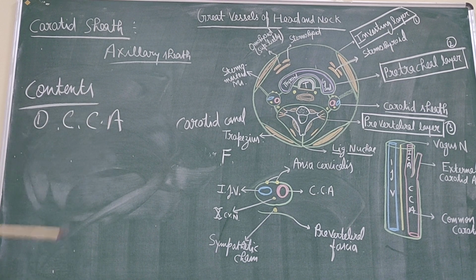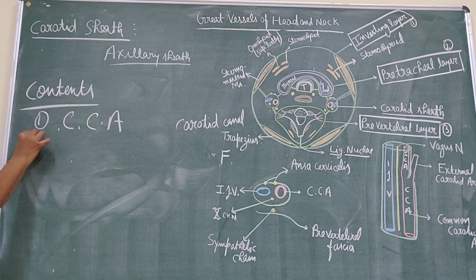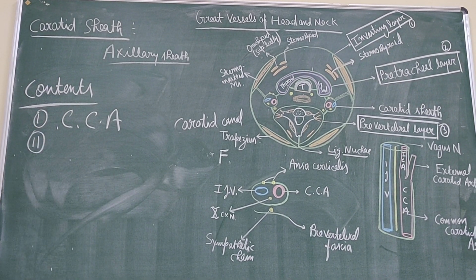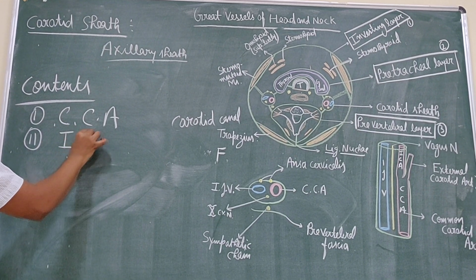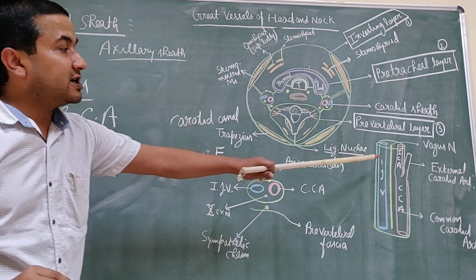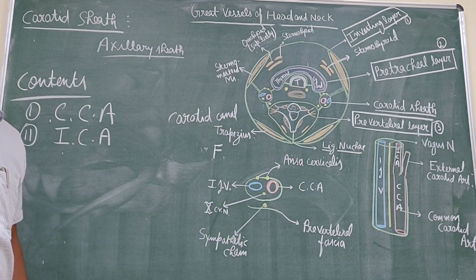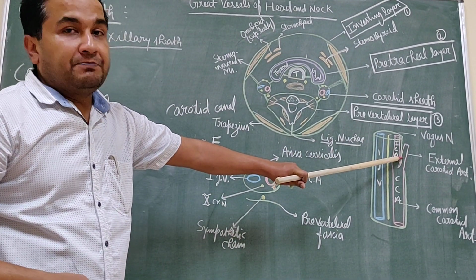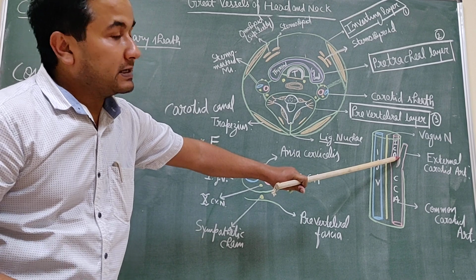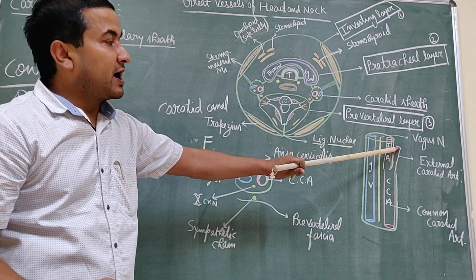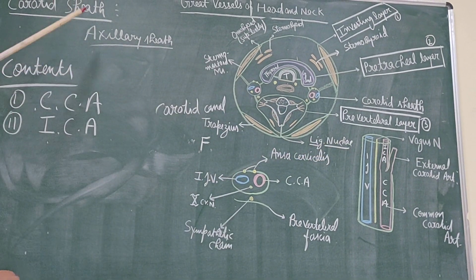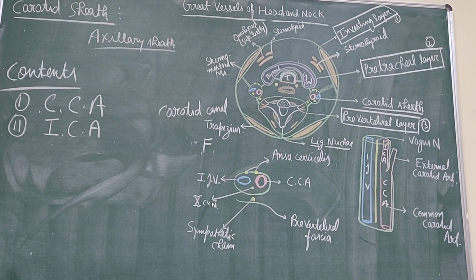It encircles one of the terminal branches of the common carotid artery, that is the internal carotid artery. The external carotid artery pierces the carotid sheath and comes out from it, meaning the external carotid artery is not covered by this carotid sheath.